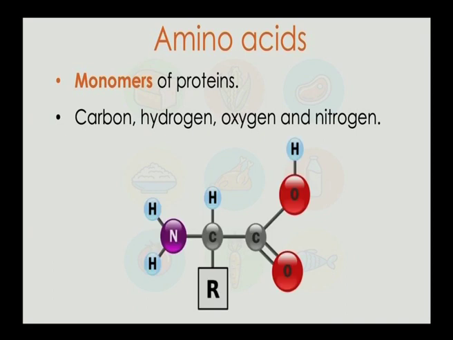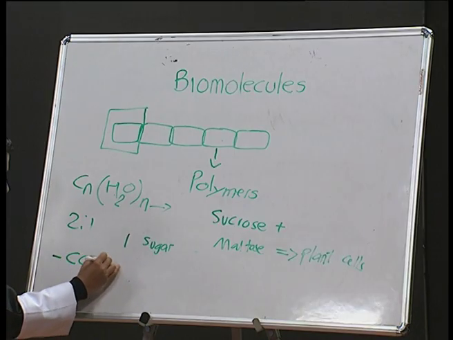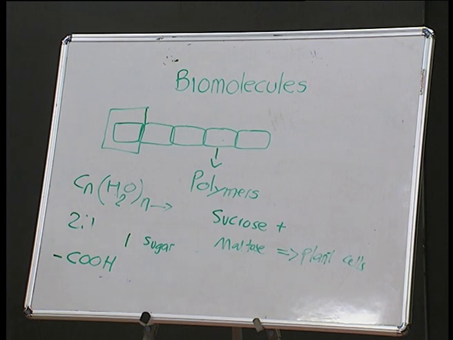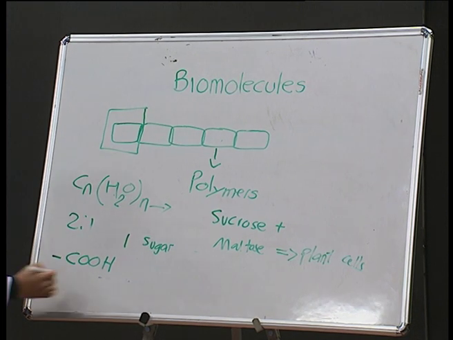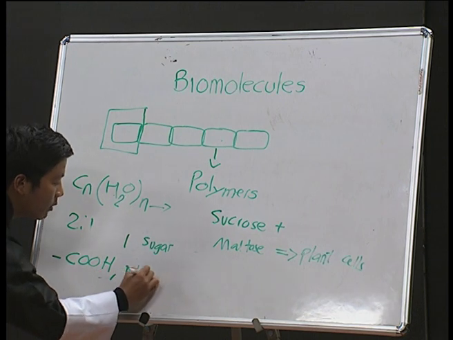The figure that pops up on the screen shows the molecular structure of amino acids. If you look at the right-hand side, you would see the carboxyl group, COOH. If you look at the left-hand side, you see NH2, which is the amino group.